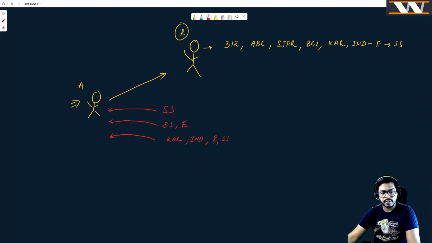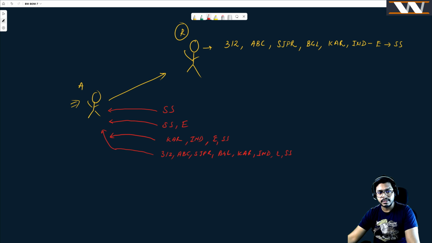At last, some more specific information for Anjali: if you want to reach Rahul, then Rahul lives in number 312. His apartment name is ABC. He lives in Sarjapura, Bangalore, which is part of Karnataka, which is part of India, which is on Earth, and which is in this solar system.